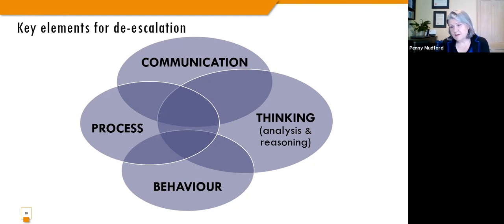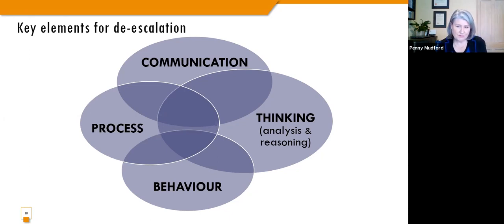So come back to what to do with this slide and this diagram on key elements for de-escalating conflict. It might help on occasions for you to reflect on this, and in the examples that you have where there's conflict and dispute, to use the thinking, analyse, understand what's going on.